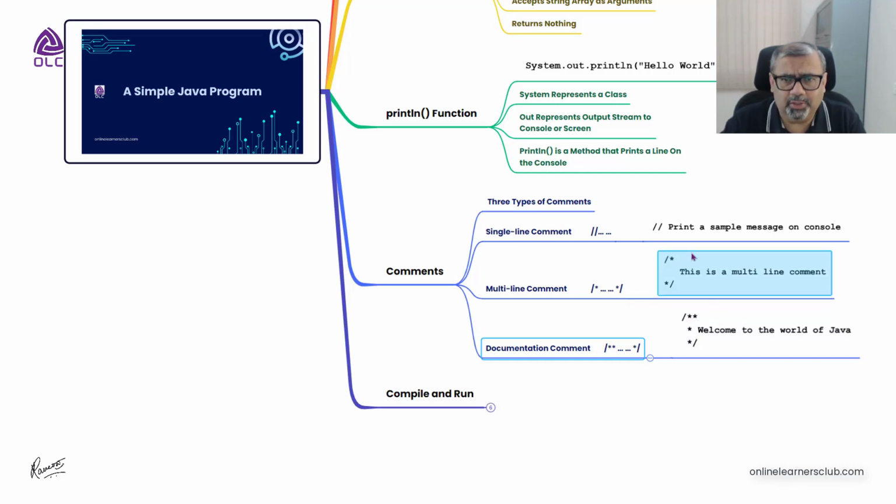That's it, nothing else. So slash star star is a way in which you can represent a document comment, and then every subsequent new line begins with a star and then ends with star slash. So this is the style of a documentation comment.